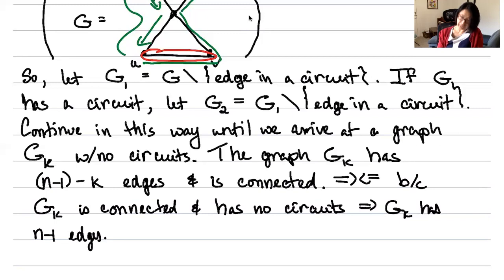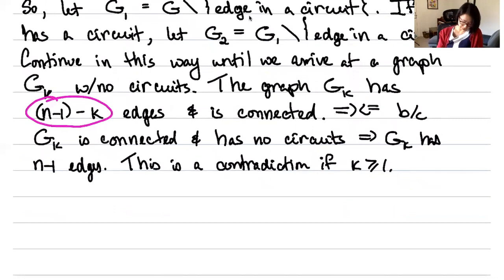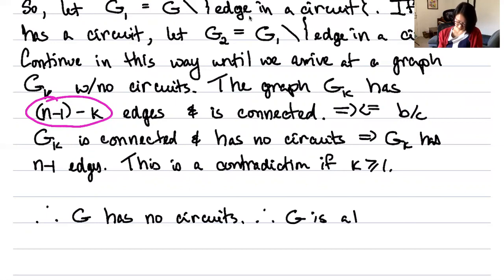But because we started with n-1 edges and we removed some, we have fewer than n-1 edges. Okay. So this is a contradiction if k is greater than or equal to 1, i.e. if G had any circuits. So therefore, G has no circuits and must be a tree. Okay, and that's enough for this one.